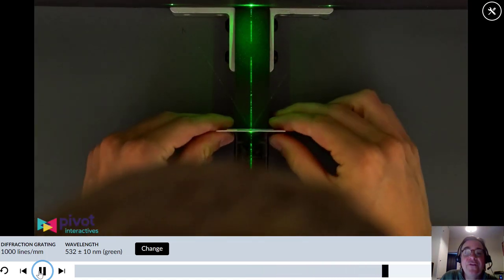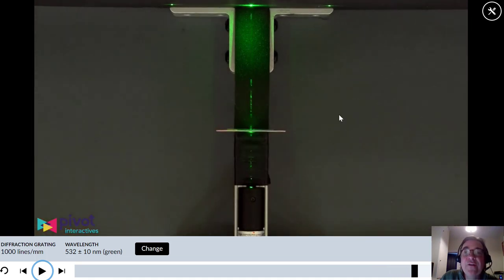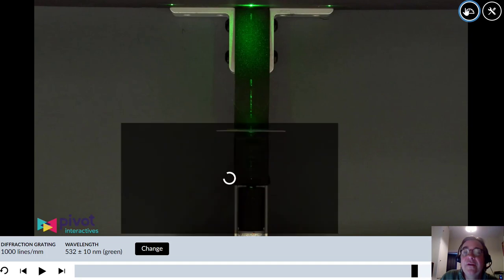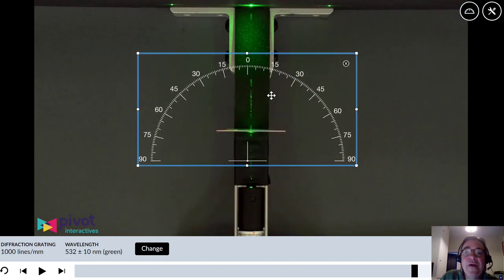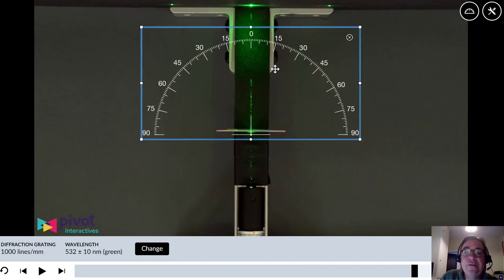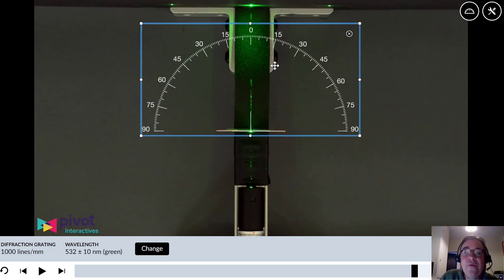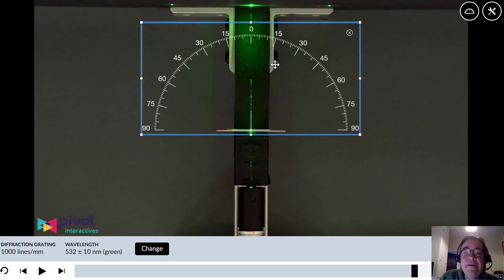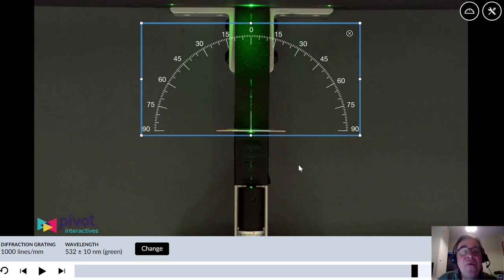So that's where the diffraction grating is. Now we actually have some tools here. You can take this and move it around so you can measure these different angles. You want to put this lined up right where the laser is, and then barely in front of the diffraction grating. So something close to this. There's some ways to fine tune this.